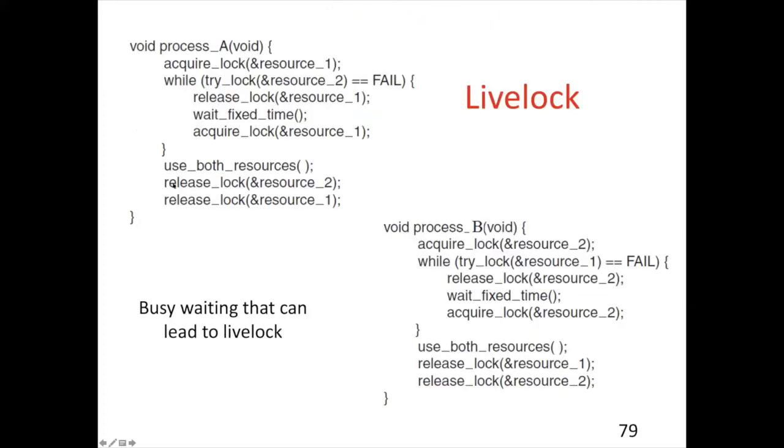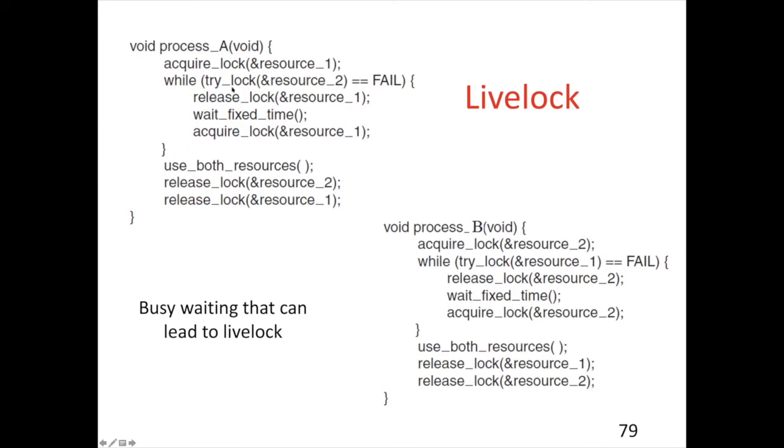Here in this figure, a busy waiting that can lead to livelock is shown. This is process A: acquire lock on resource 1, while trylock on resource 2 fails, do these steps: release lock on resource 1, wait a fixed time, acquire lock on resource 1.